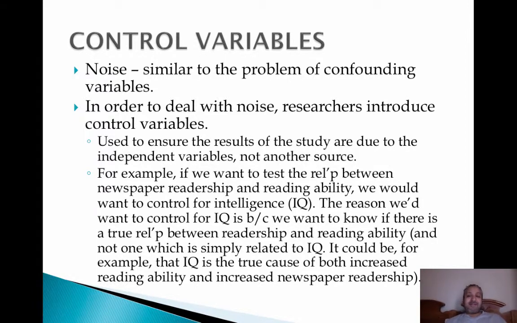That is, variables that are on the outside, they're lurking, and they might actually be causing the change in the dependent variable. So in other words, you look at this and you go, oh wow, people watched a violent movie, and then yeah, now they're more aggressive. Gee, I guess the independent variable must be having an effect. People are getting more aggressive after watching the violent movies, but not so fast.